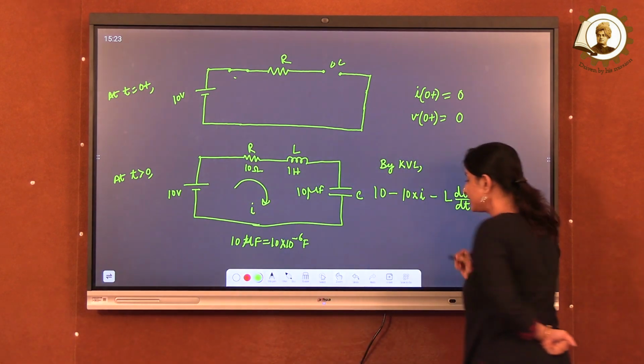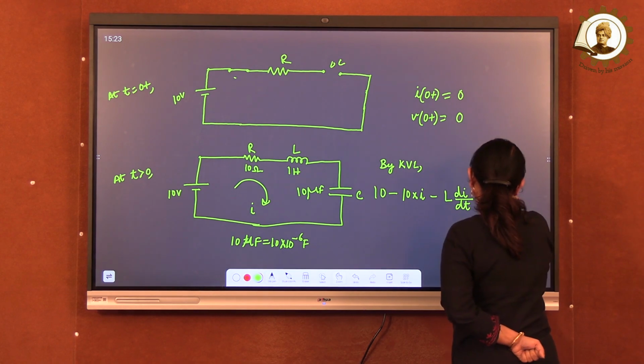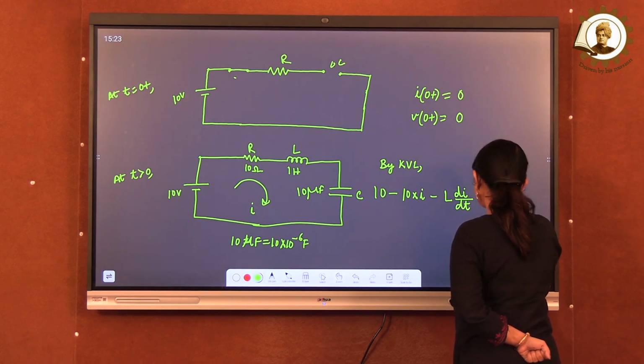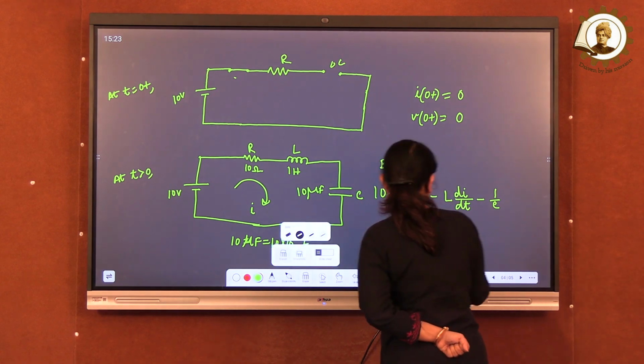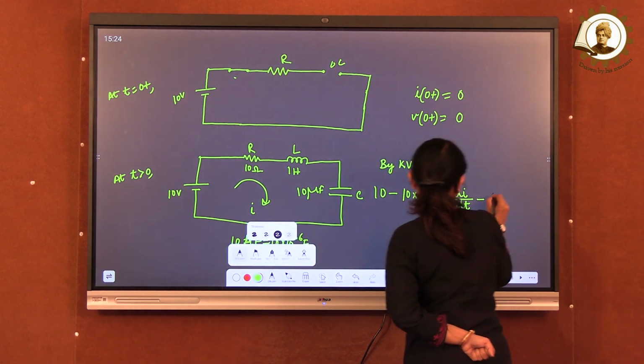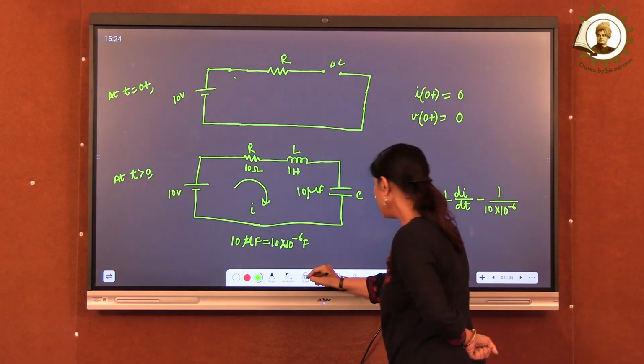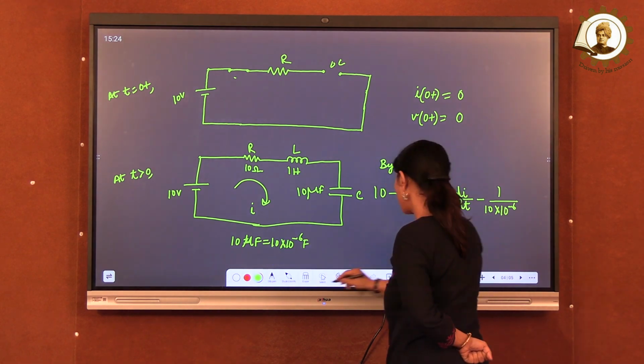So we have 1 by C integration of I dt. C we can replace by 10 into 10 to the power minus 6, and here L we can write 1.